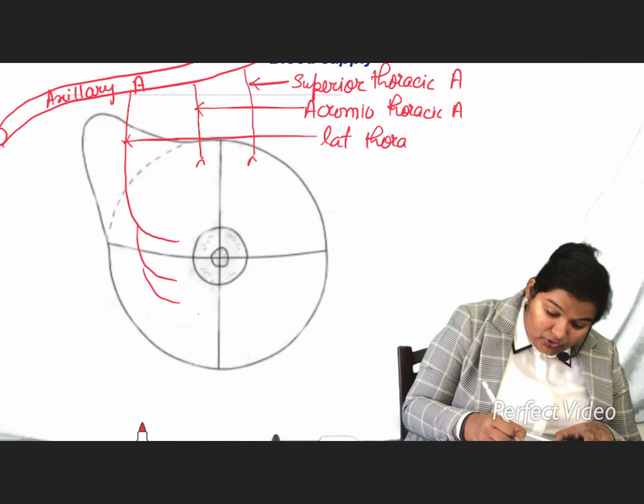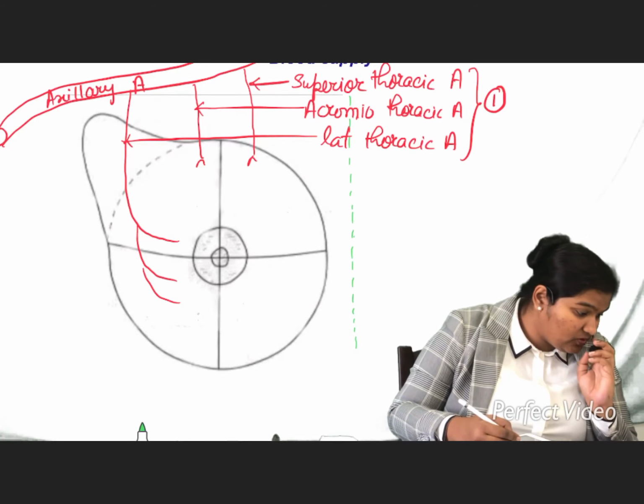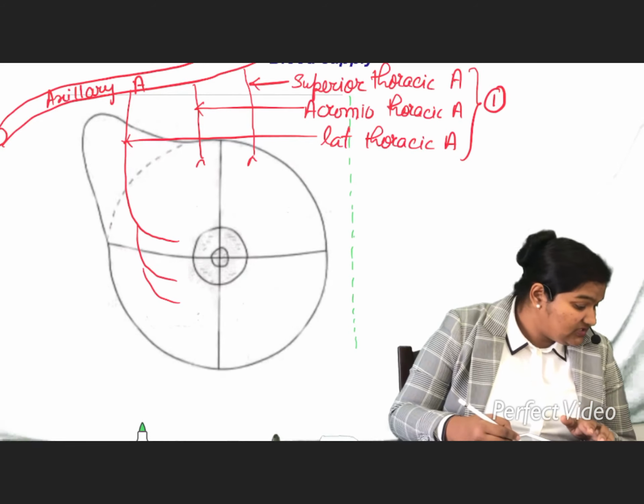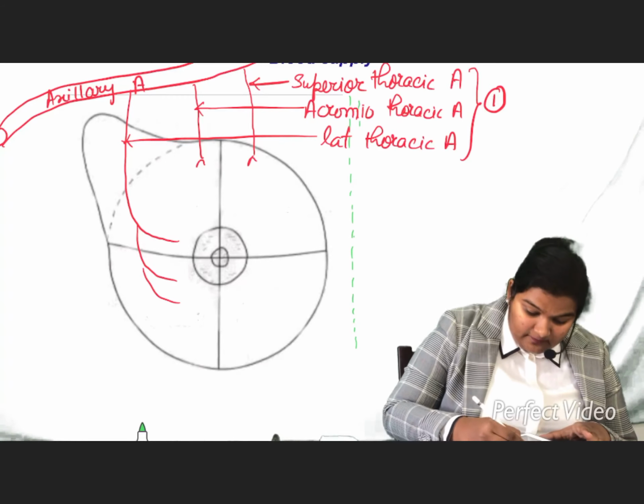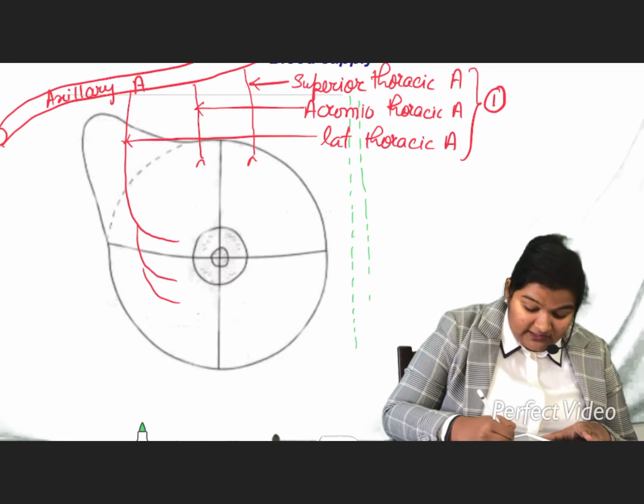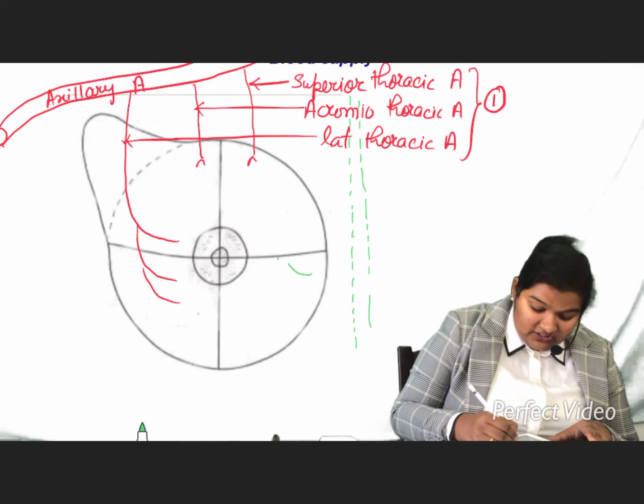Now let us move towards the second group of arterial supply. See, this is the subclavian artery. This subclavian artery gives rise to the perforating branches of internal thoracic artery.